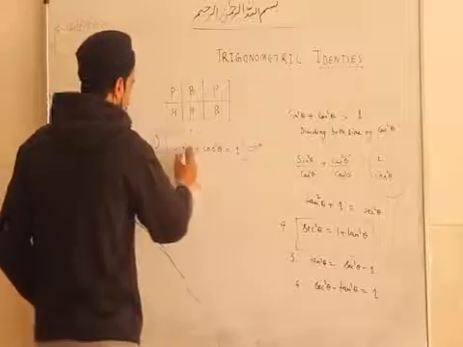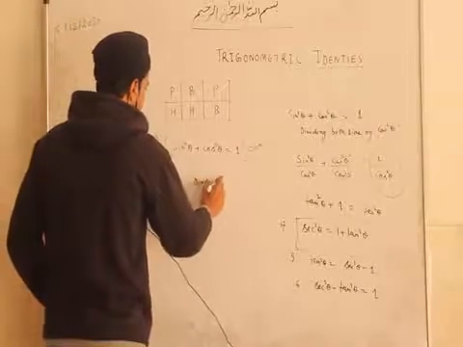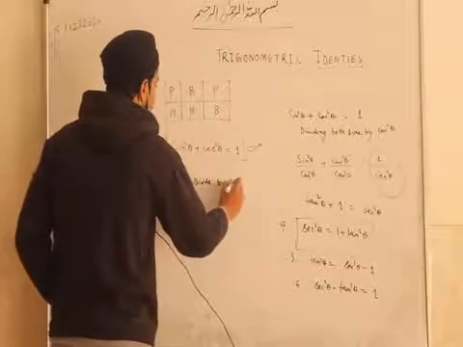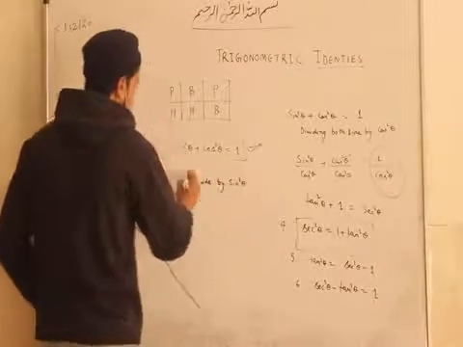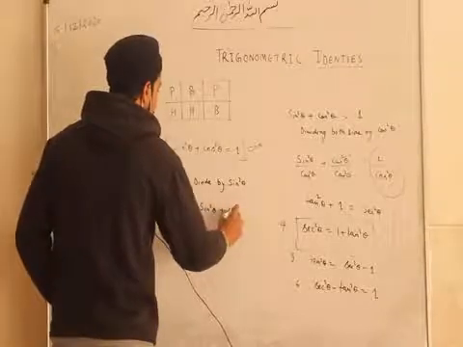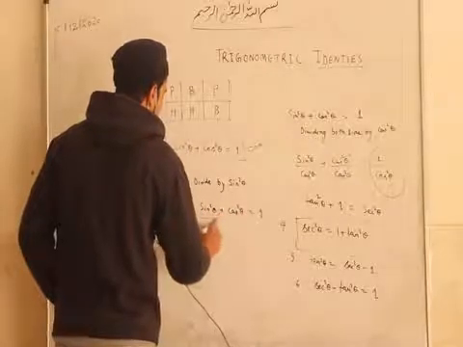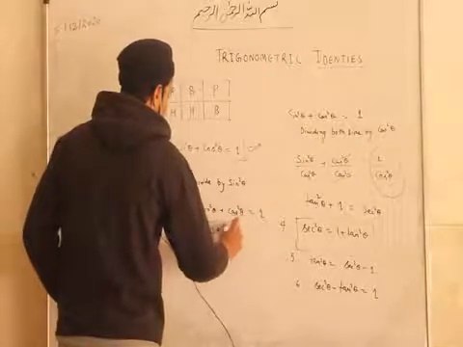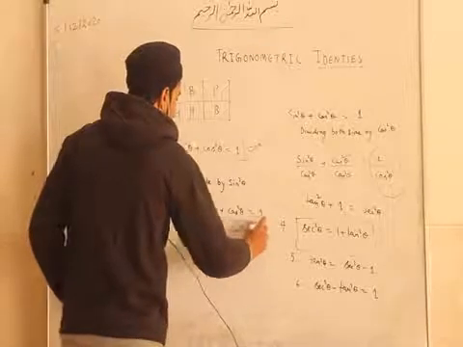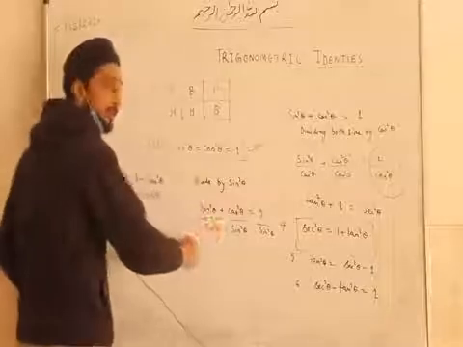Okay, now let's see, divide by sin square theta now. So sin square theta plus cos square theta equals 1, and we are dividing it by sin square theta. So this will cancel out, right?